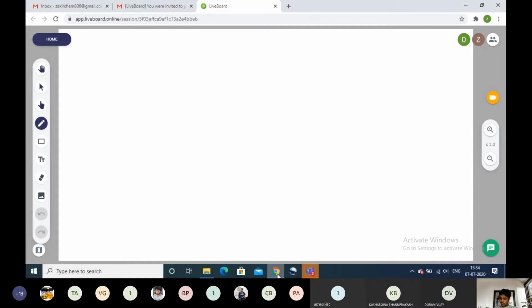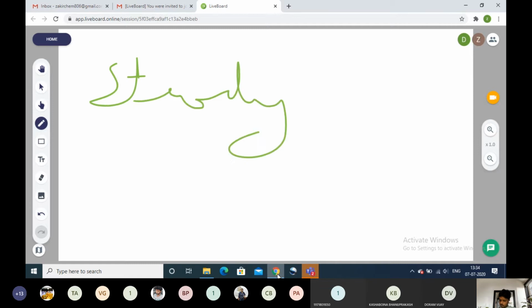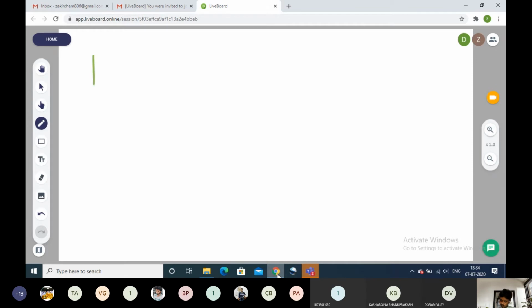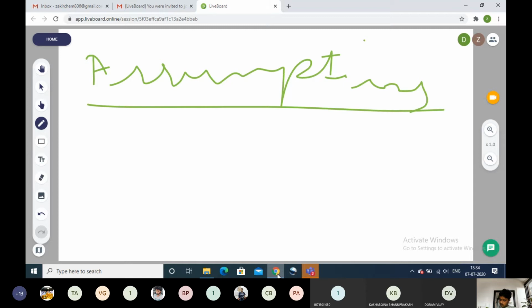Now we have to make certain assumptions in order to get the continuity equation. I am writing these assumptions clearly.